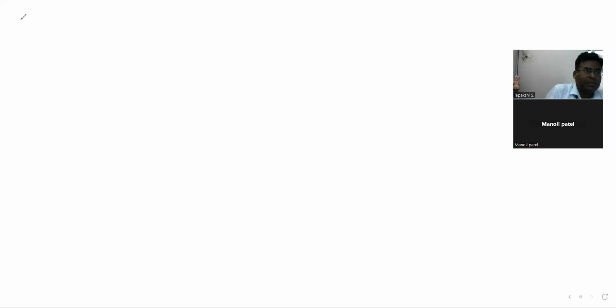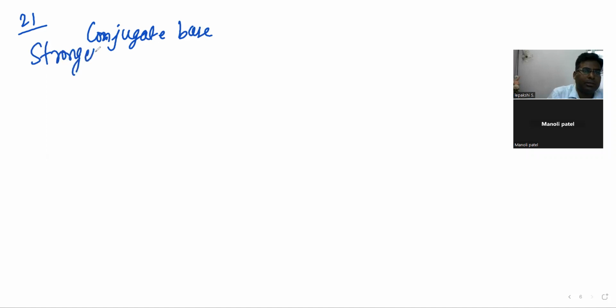Now see the next explanation. Question number 21. It is asking about the strongest conjugate base. That should be strongest, right? So see here, the weaker the conjugate acid, the stronger is the conjugate base.